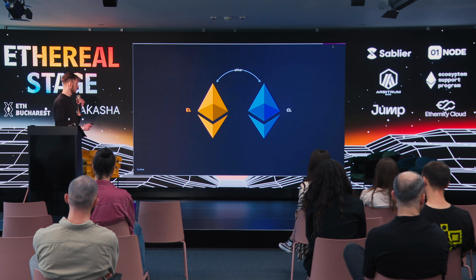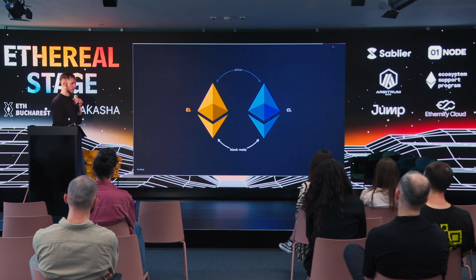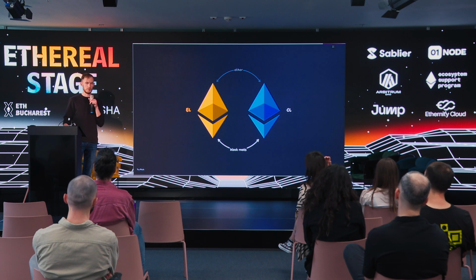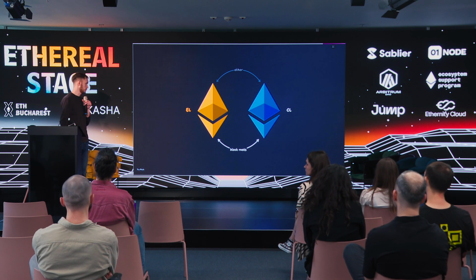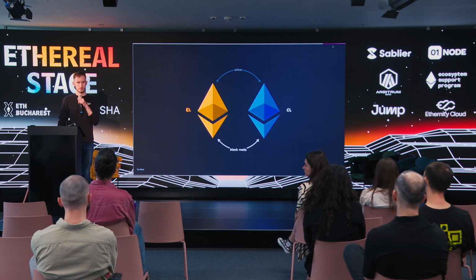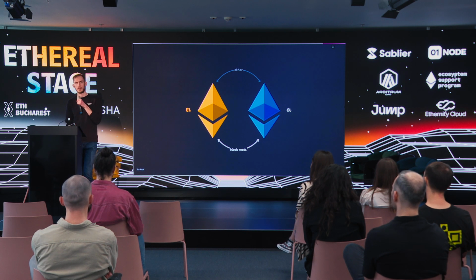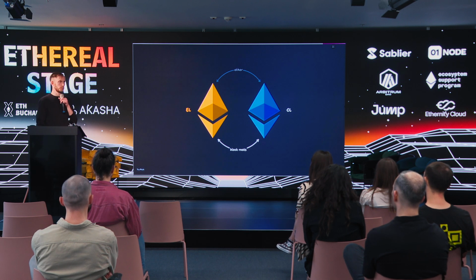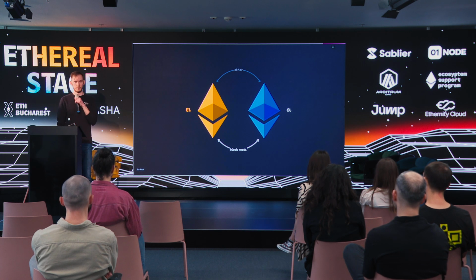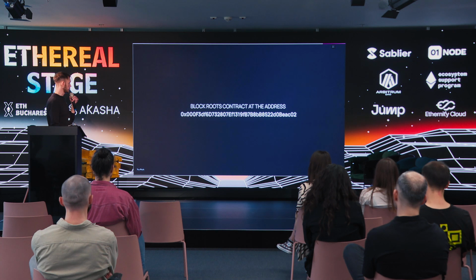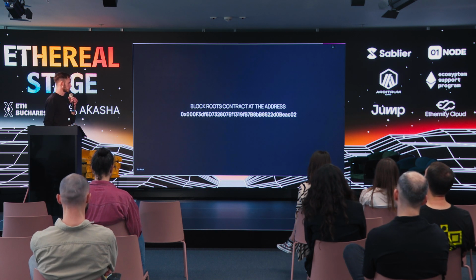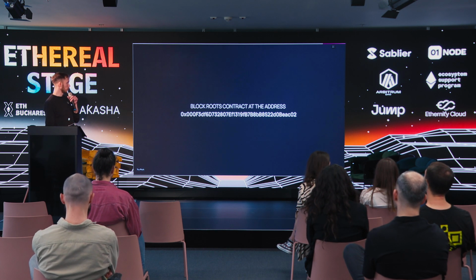That's it. But now with this new EIP, there is an additional way to communicate between these two layers, and it's the block root. So basically, the consensus layer now collects the block roots and pushes them to the execution layer as a part of a specific transaction. To do that, there is a special smart contract called the block root contract.